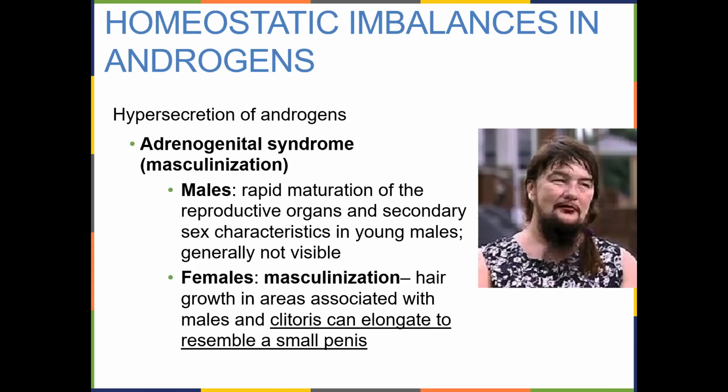Now, in the female, if they overproduce, then there are some very definite changes that can occur. The female can become masculinized in her physical appearance. She can develop facial hair, body hair. Instead of just the pubic hair around the axillary region or around the pubis, she's going to have facial hair, chest hair, back hair.